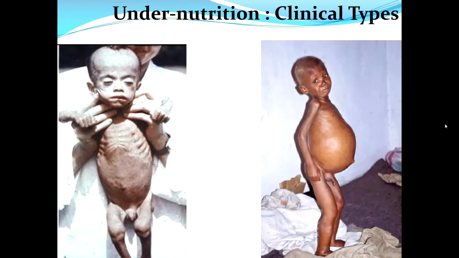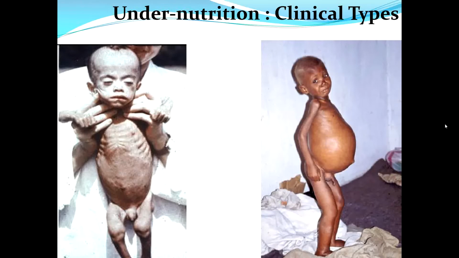Then we have undernutrition of various types that we have discussed previously. We told you that the two clinical prototypes are marasmus and kwashiorkor. Kwashiorkor manifests with edema, maybe ascites, maybe edema of the hands and feet, and growth delay and skin changes.